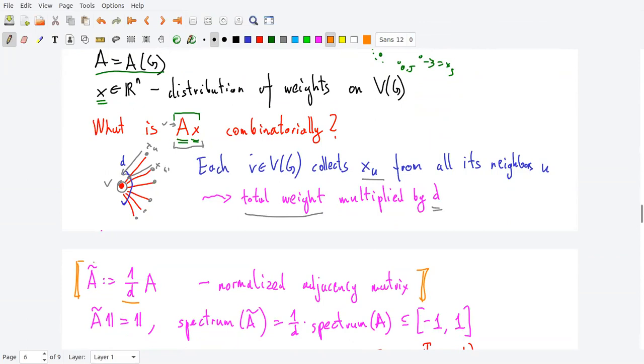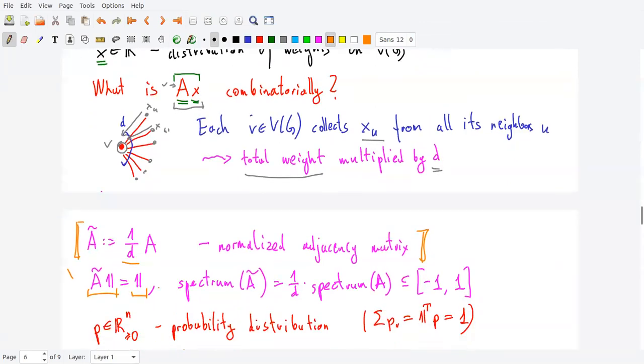So you can easily see that all ones is now an eigenvector with eigenvalue equal to 1. This is actually preserved by the matrix. And if you multiply the whole matrix by 1/d, you essentially scale the whole spectrum by 1/d. So the spectrum is now in the interval between -1 and 1. And if it was an alpha expander, then it would be between -alpha and alpha.